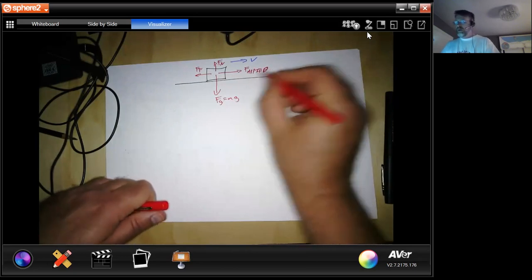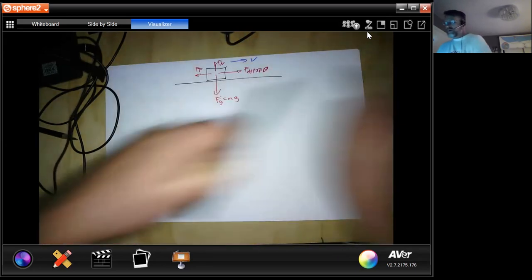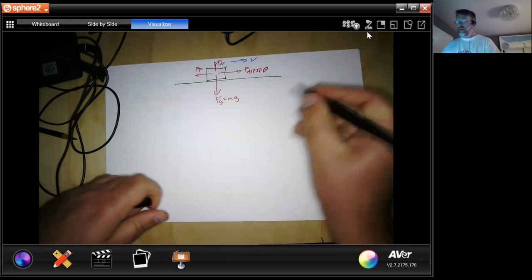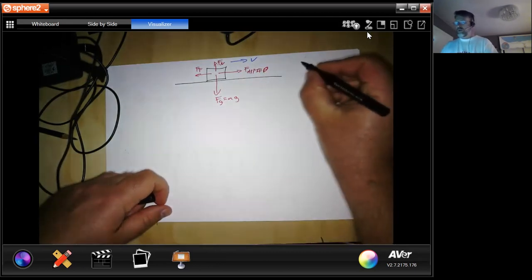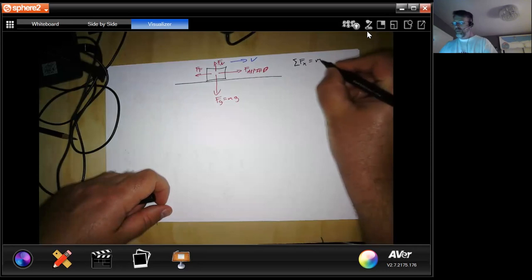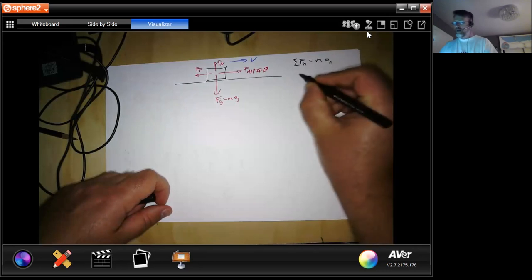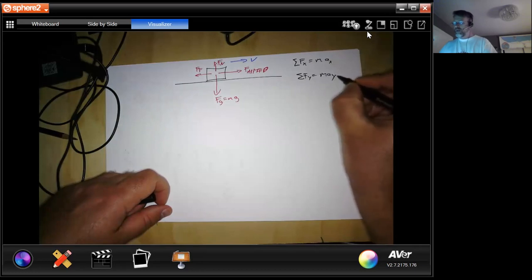Okay, so if this is our scenario, then if we have an initial velocity, in order to find out acceleration, we're going to have to use Newton's laws. Okay, so we're going to sum the forces in the x to find out our acceleration in the x, and we're going to sum our forces in the y to find out our acceleration in the y.